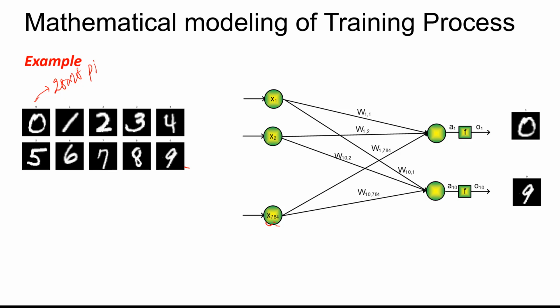The first neuron is activated when we apply the digit 0. In a similar way, the last neuron is for the digit 9. So if we apply the digit 0, the output will be 1, 0, 0, 0, and if we apply the digit 9 to the network, the output will be 0, 0, 0, and 1, respectively.